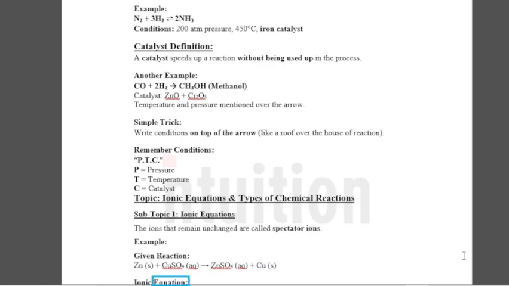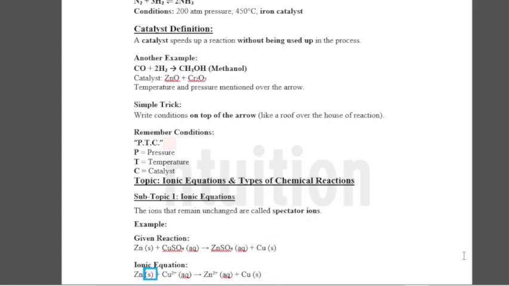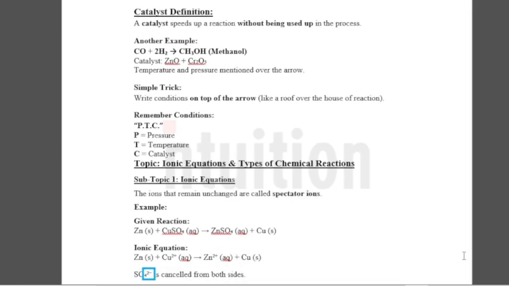Ionic equation: Zn plus Cu2+ gives Zn2+ plus Cu. So SO4 2- is cancelled from both sides.